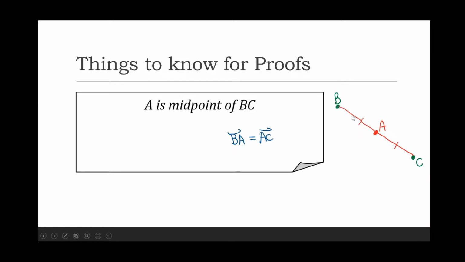But what can you say about the whole thing? You cannot say both of these are also equal to BC, because BC is much longer, twice as long. So what you could say is that 1/2 BC is equal to the other two. There are lots of things you could say about these, but as long as you're given a midpoint, you can create some relationships from that. So these could be useful.